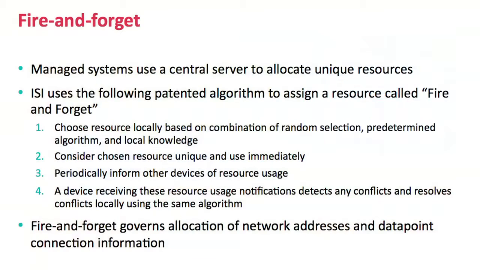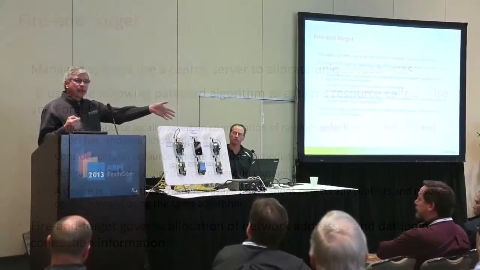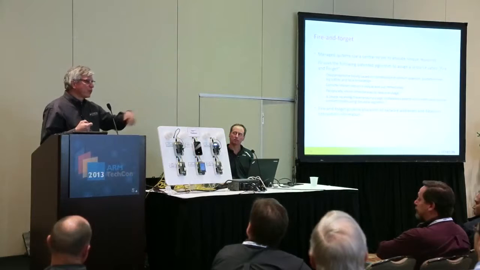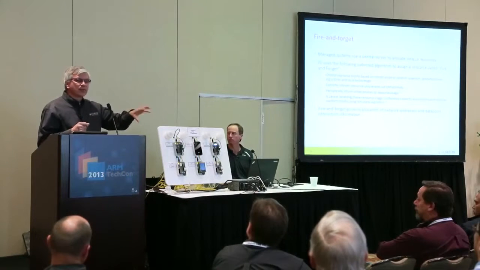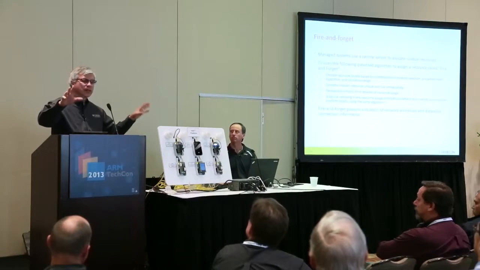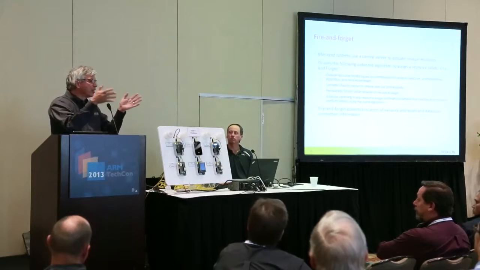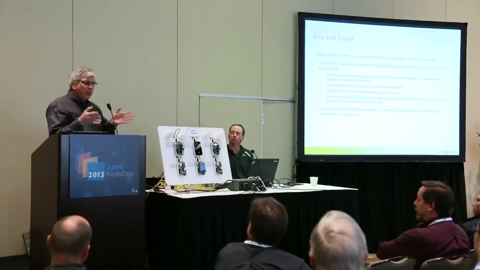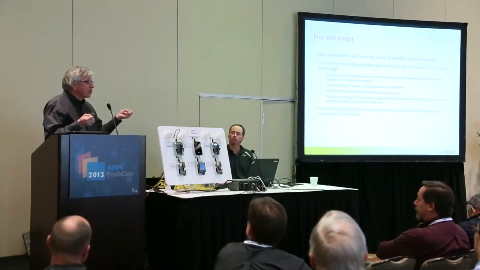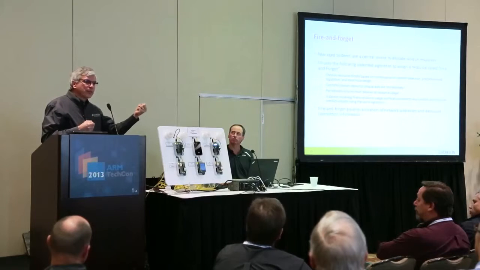And so we want to do that without having a central authority to assign that. So we use a patented algorithm that we call fire and forget, where when a new device has a resource, so for example, like in here I have a keypad that could talk to a number of lights. And I want the lights to announce themselves to the network saying, I'm a light sitting on the network, someone can connect to me. But that light that's going to make that announcement has to have a unique address for that little piece of information.